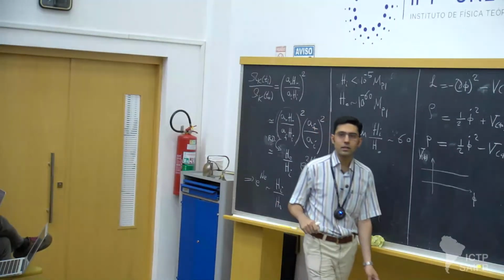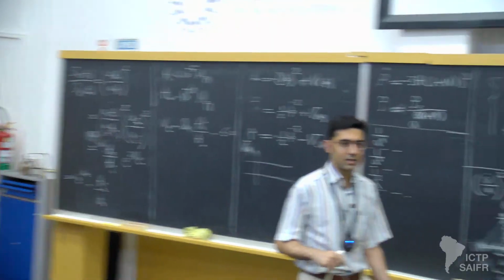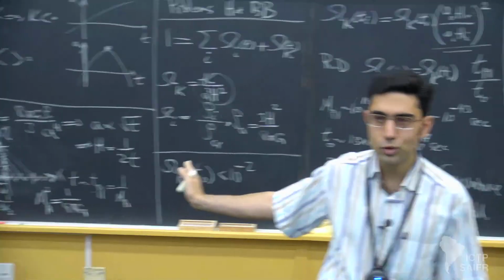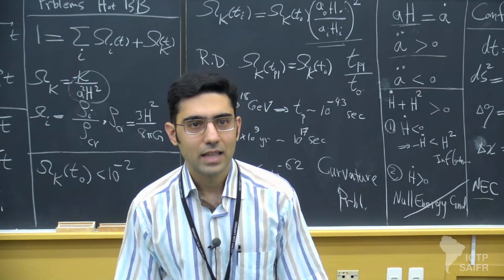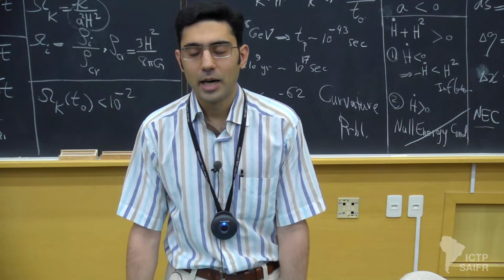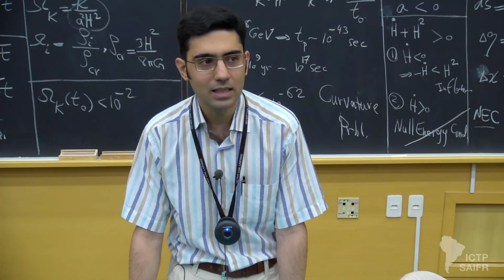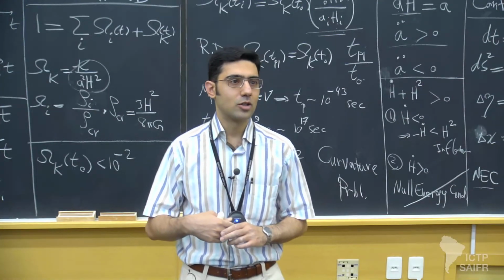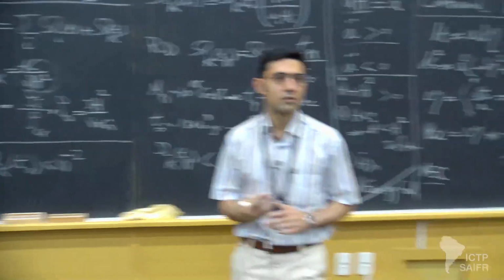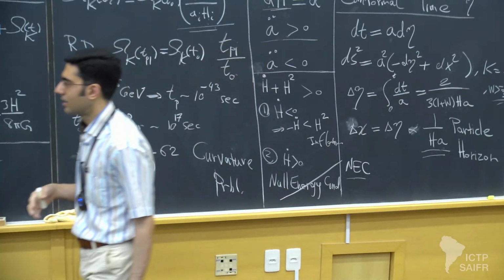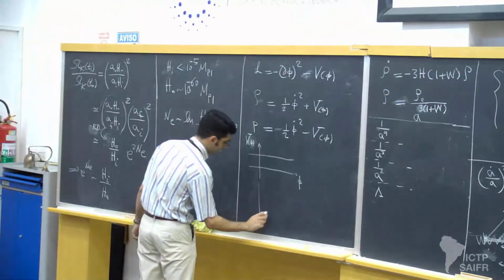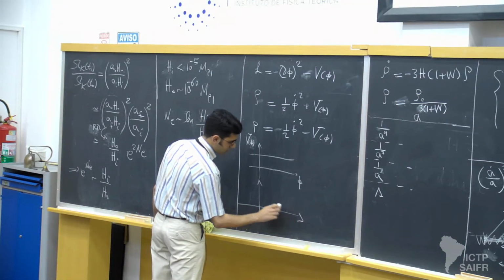Now, we don't want inflation to be exactly de Sitter. In other words, we don't want this T mu nu to be exactly that of a CC, because we want inflation to end for the next phase of the universe to start. So this cannot be like this. So the idea is to tilt it a bit.